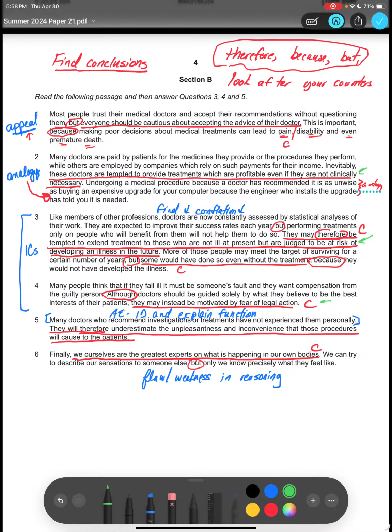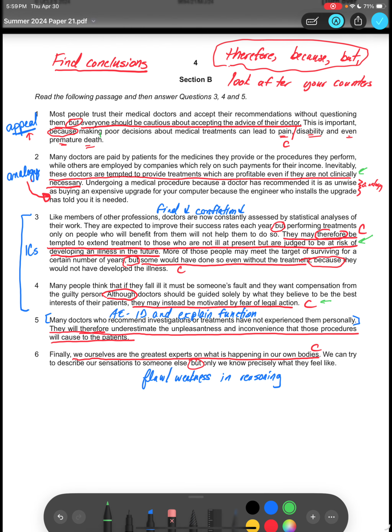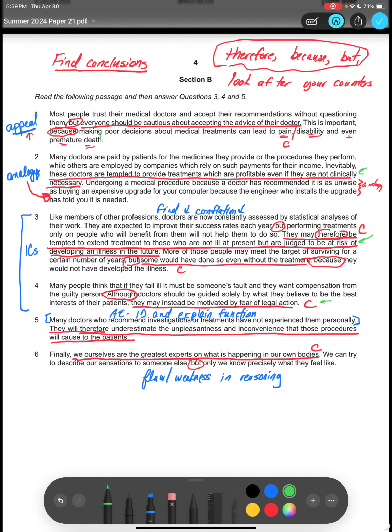Okay? So, therefore, everyone should be cautious about accepting the advice of their doctor. These doctors are tempted to provide treatments which are profitable, even if they are not clinically necessary. Therefore, everyone should be cautious about accepting the advice of their doctor. They may therefore be tempted to extend treatment to those who are not ill but judged to be at risk of developing illness in the future.